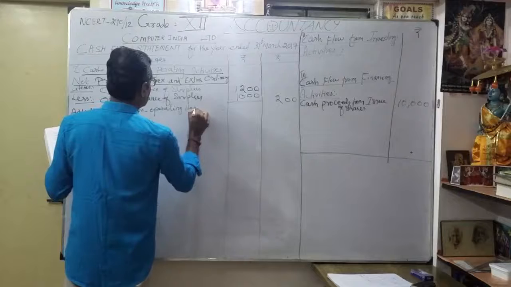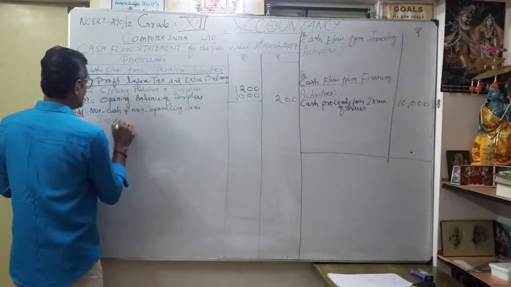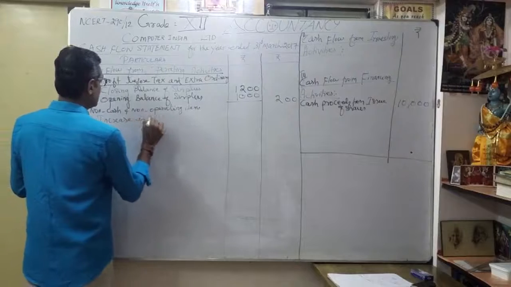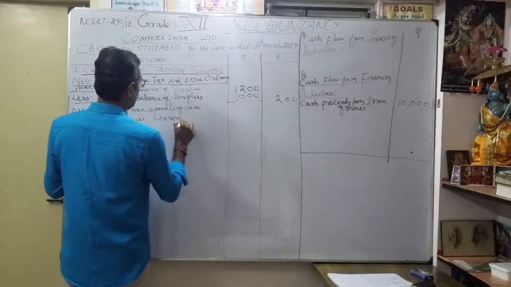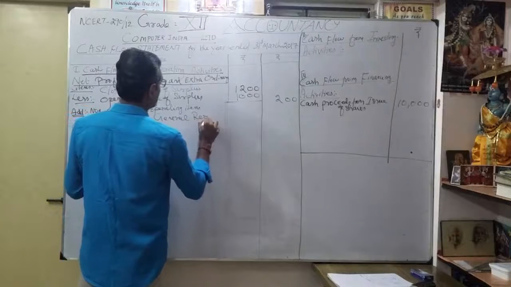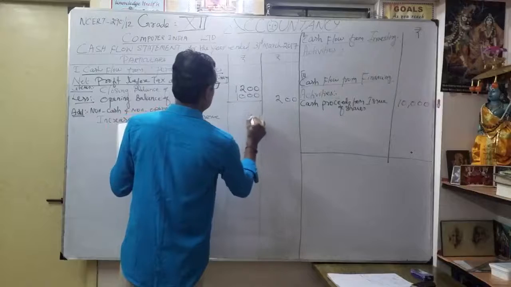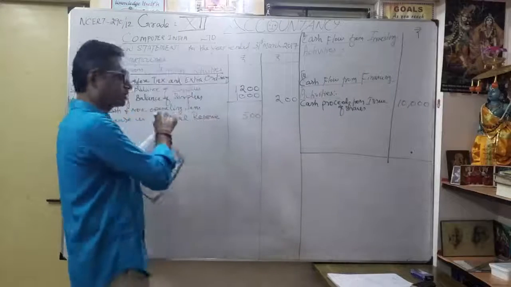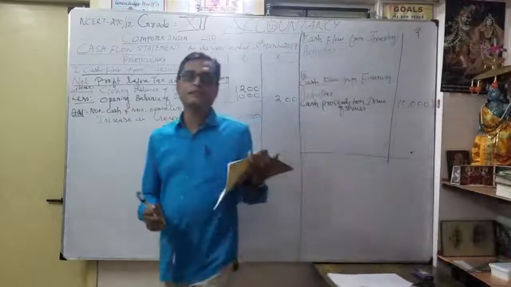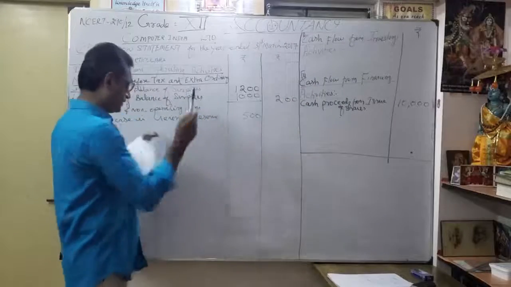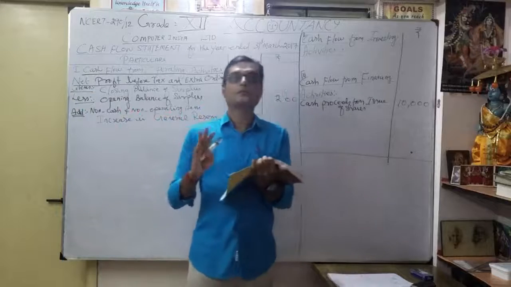Under that we add increase in general reserve. How much? 500, correct? How did 2000 become 2500? That's why increase in general reserve is 500. So I think now the reserves and surplus note number 1 is over.